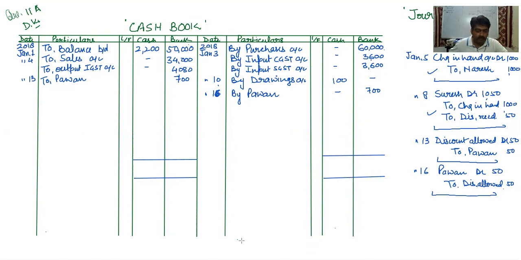Debit total of cash is 2200. Only opening balance is there, 2200, and you can see only one payment is this, that is rupees 100. So balance of cash is coming rupees 2100.